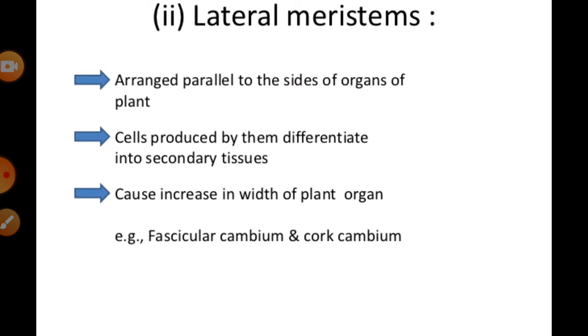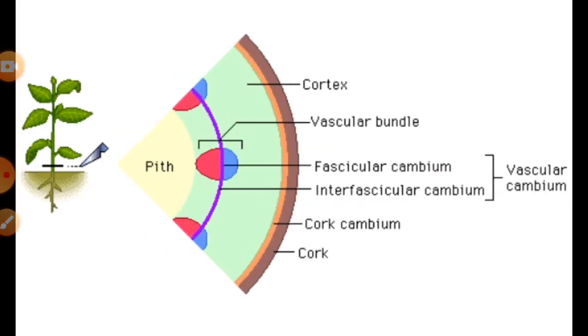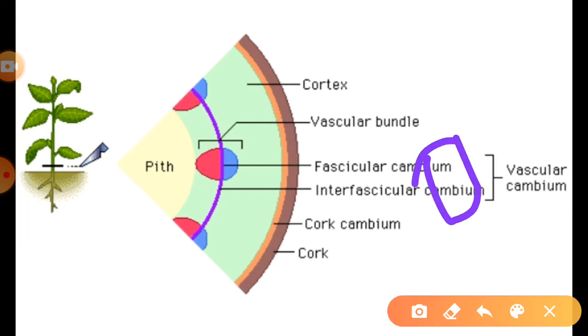Some examples of this tissue are the fascicular vascular cambium, interfascicular cambium and cork cambium. They are always responsible for the production of the secondary and other parts of the plants, as we can see in such plants. Means they are always found in such structures, as you can see in these formations, right? So they are the most important part of plants in such ways.